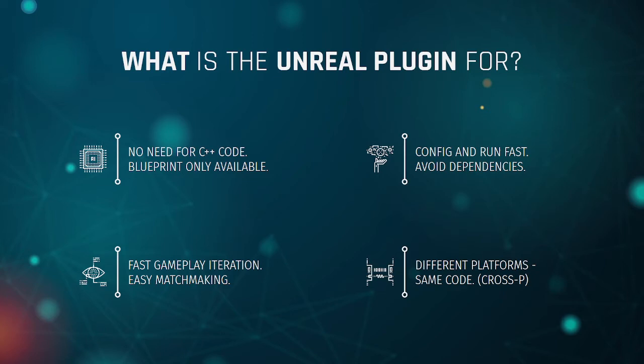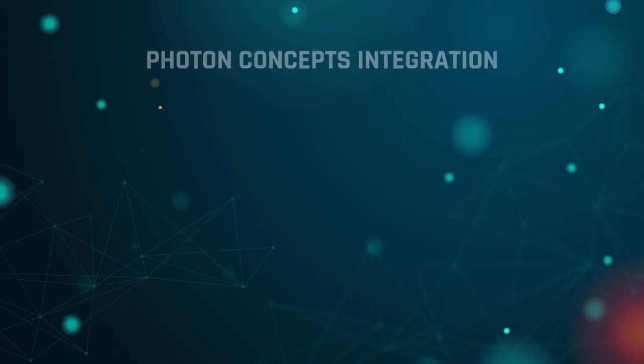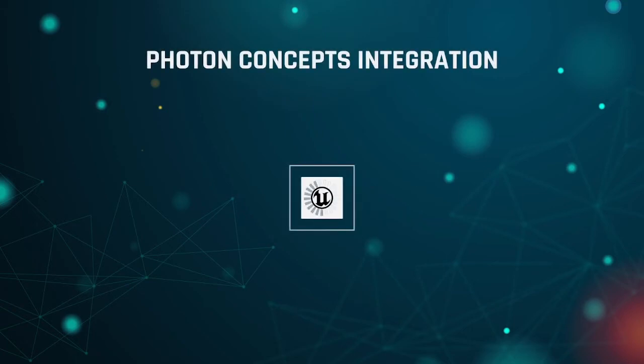Another important feature is to have the same code for all the platforms, so you can cross-play, for example, with consoles or different mobile platforms like Android or Apple. There are basic concepts integrated inside Unreal that come from Photon Cloud.